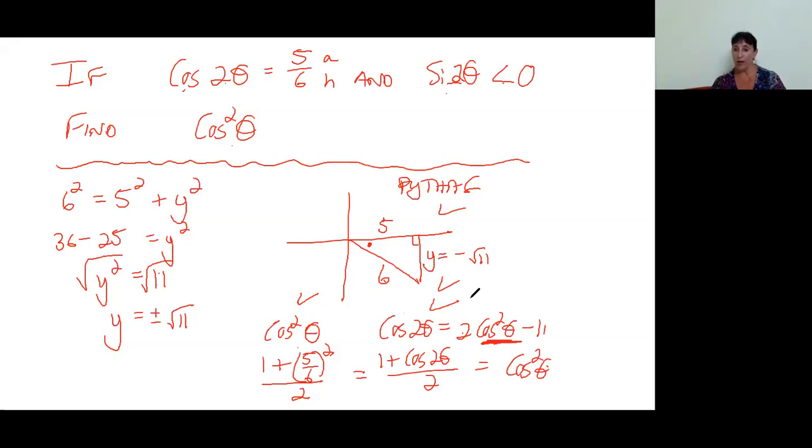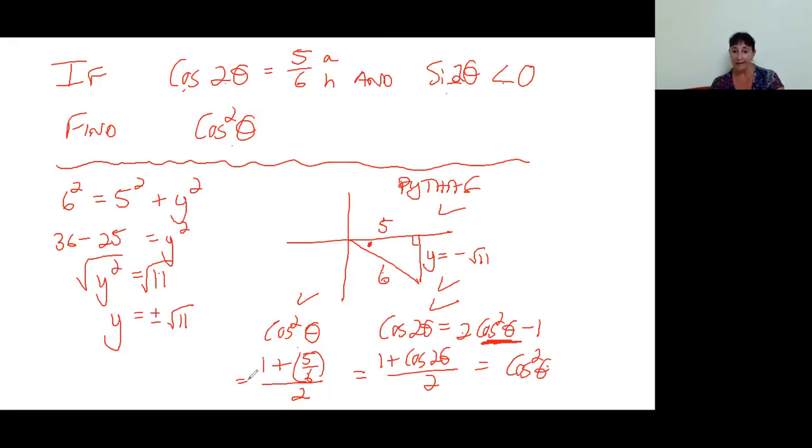Then I take the 1 over and divide by 2. So it's 1 plus the cos of the angle, which is adjacent over hypotenuse. It's just cos 2 theta, so it's just plus 5 over 6. There is no square there, sorry about that.